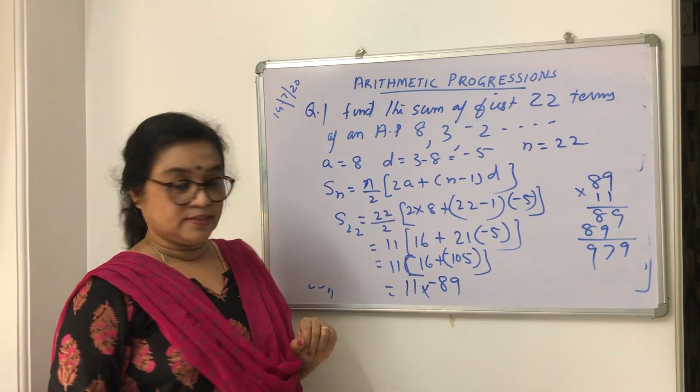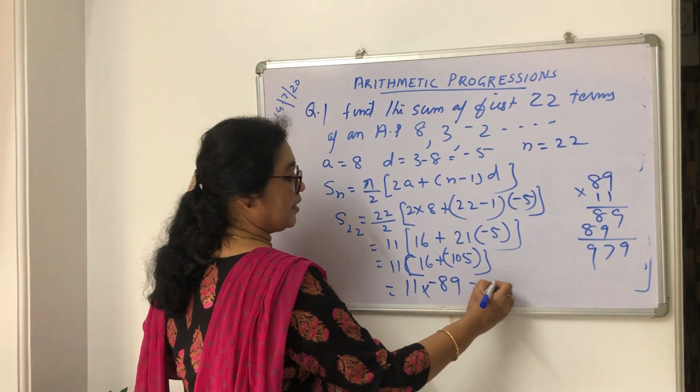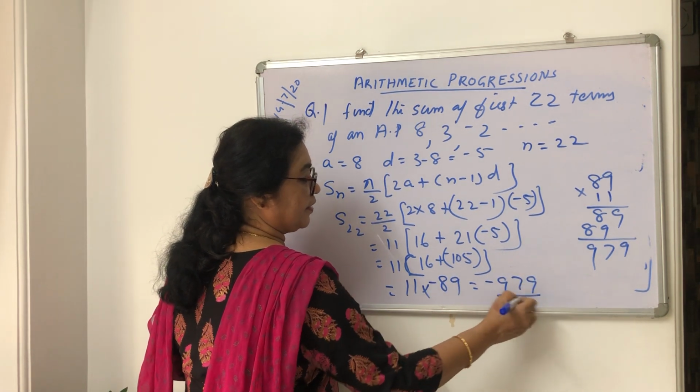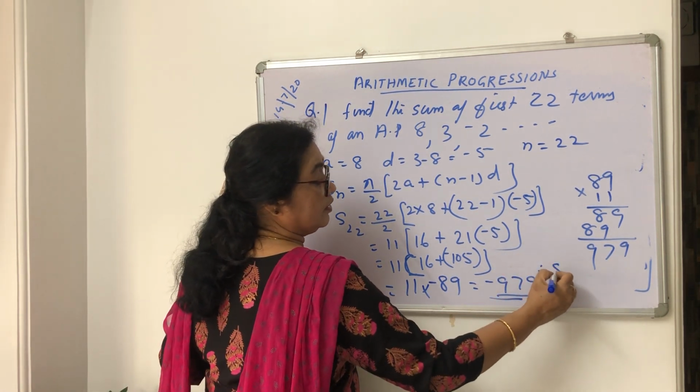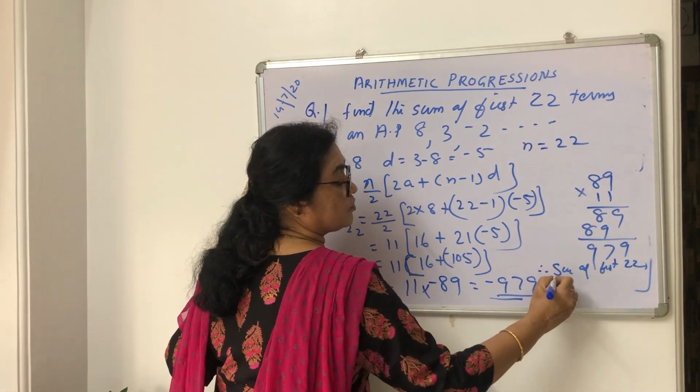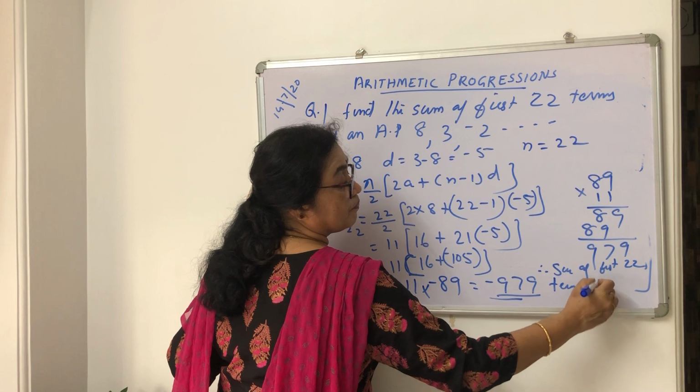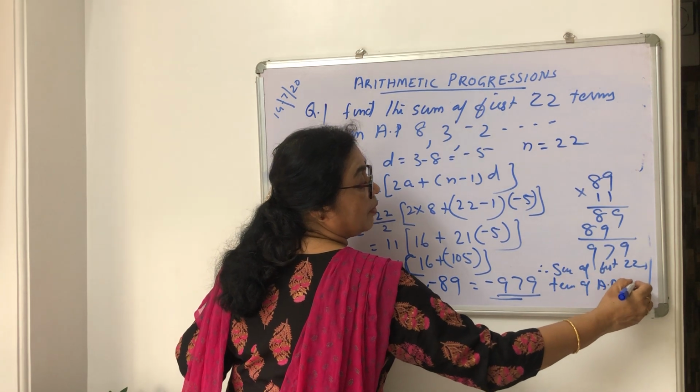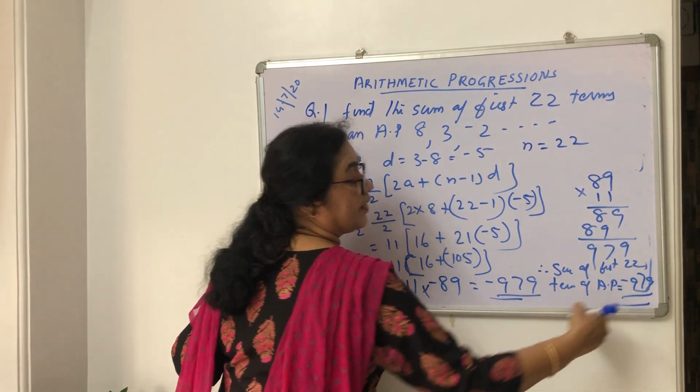The answer is minus 979. Therefore, the sum of the first 22 terms of the AP is minus 979.